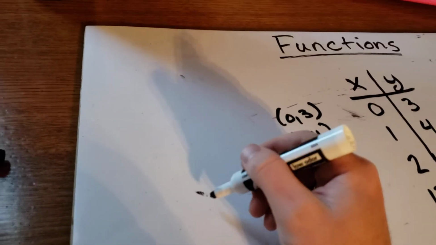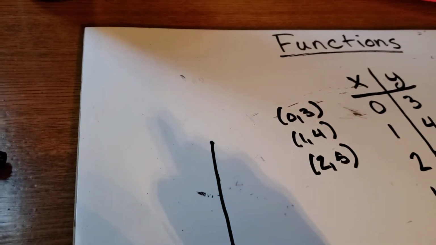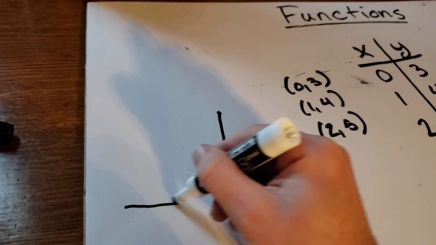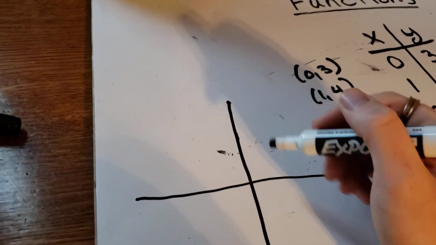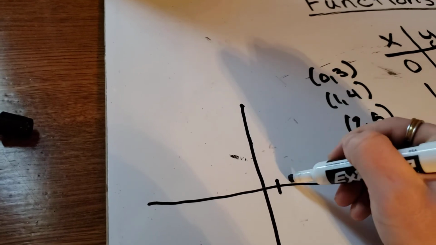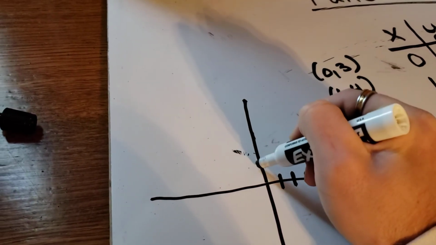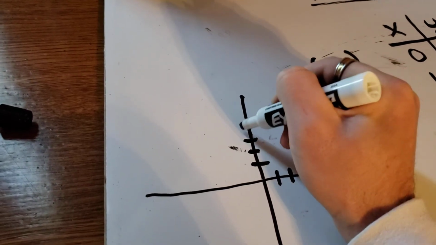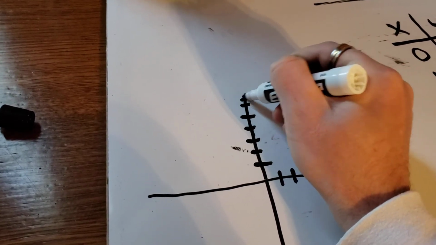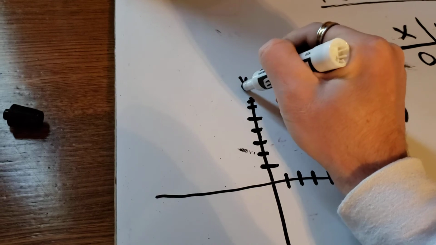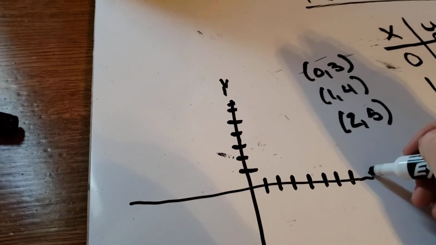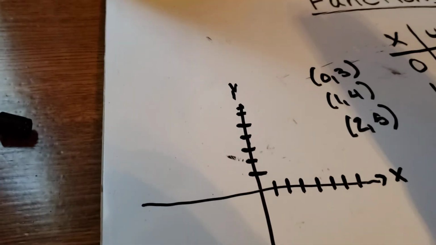So if you're going to graph it, get yourself a coordinate grid. Hopefully you've got graph paper so it doesn't look as sloppy as mine. Just put a few points on there just to show you real quick. Remember, y is always our vertical axis. X is always our horizontal.